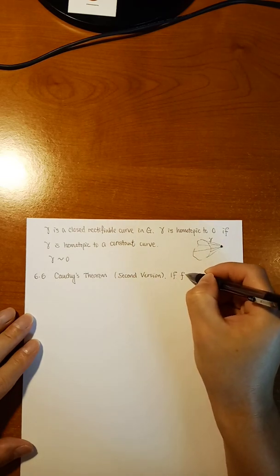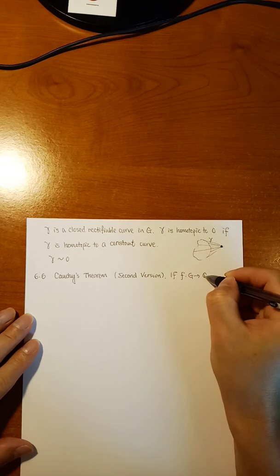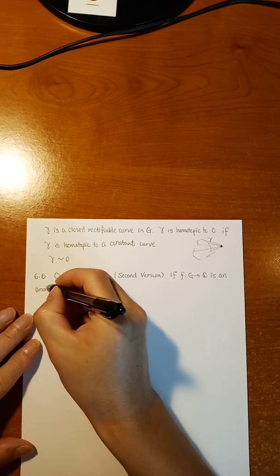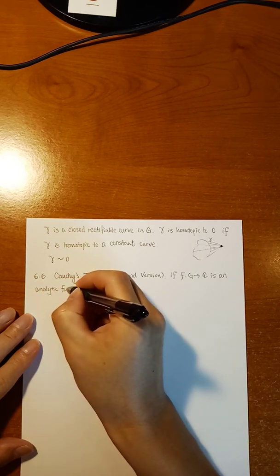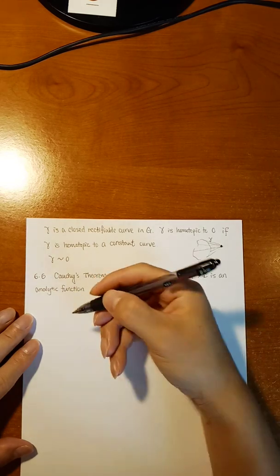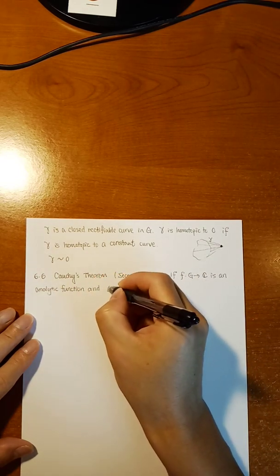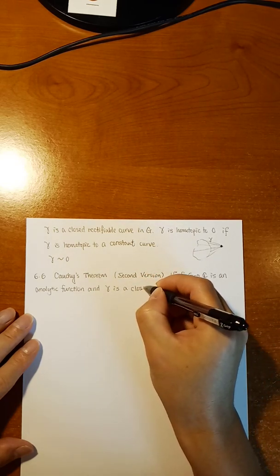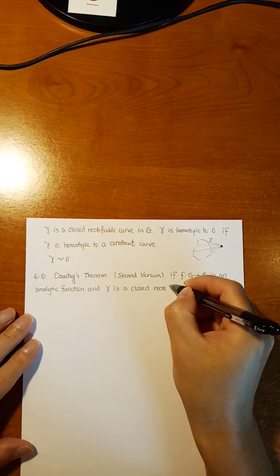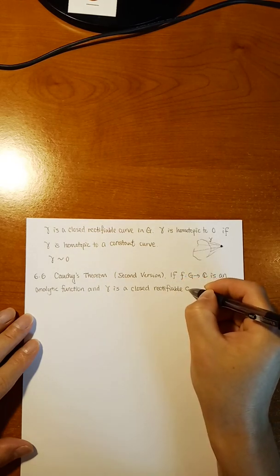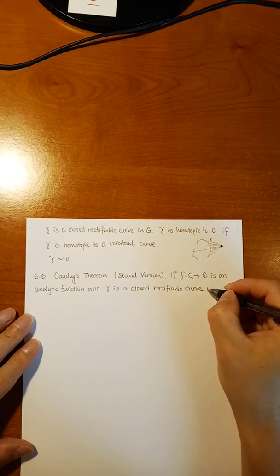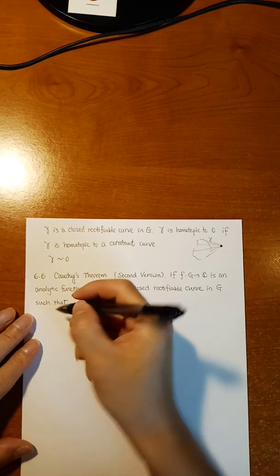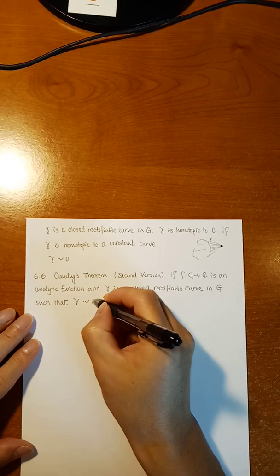So if f from G to C is an analytic function, and gamma is a closed rectifiable curve in G such that gamma is homotopic to 0.